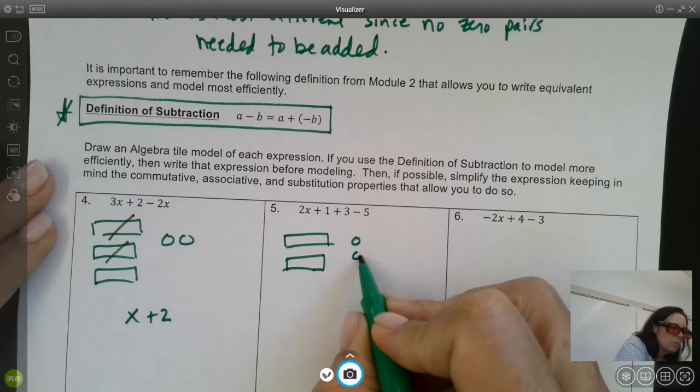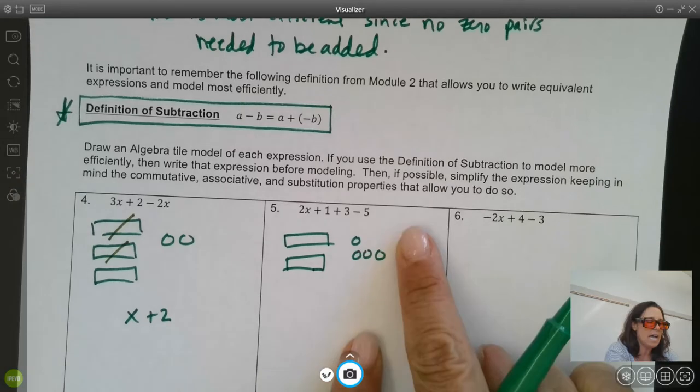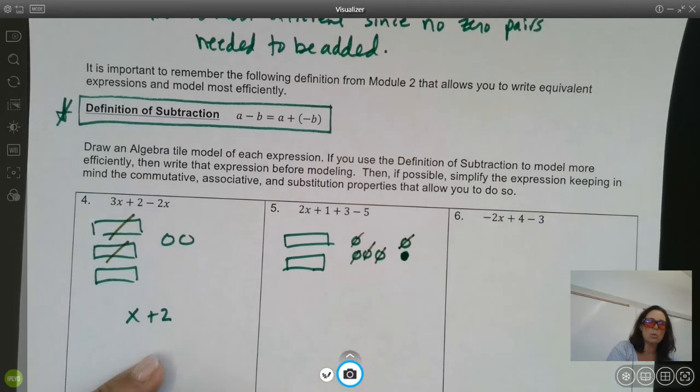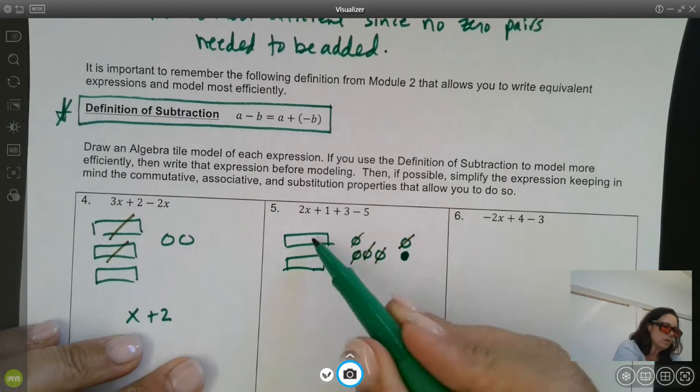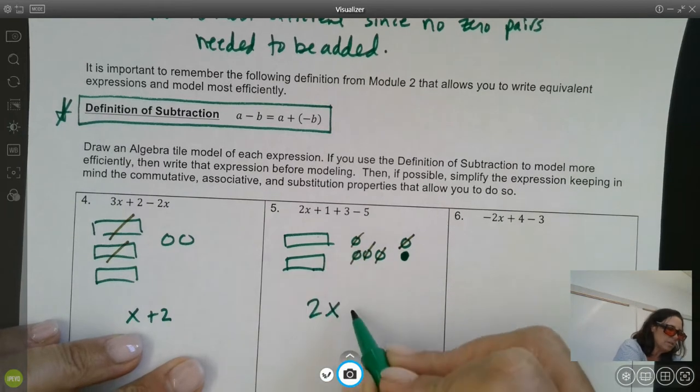If I need 5 positives, wouldn't I need to add in 1 zero pair? Okay, so that's nothing. This is nothing. I still have 2x plus 1 plus 3, but now I have to add that 0 pair in order to take away 5 positive tiles. Okay, so my answer is 2x plus a negative 1.